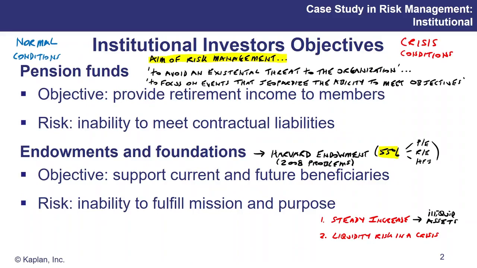Now, as a starting point, before we get into just a quick refresher of the institutions that you've seen before, I want to think about what the aim of risk management is, which is to avoid this existential threat to the organization. Now, this threat could come from within, and it could come from the wider environment.